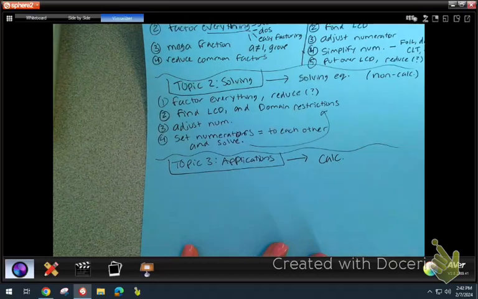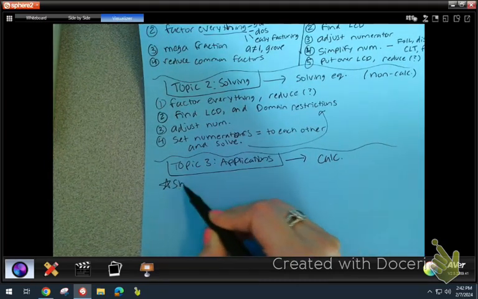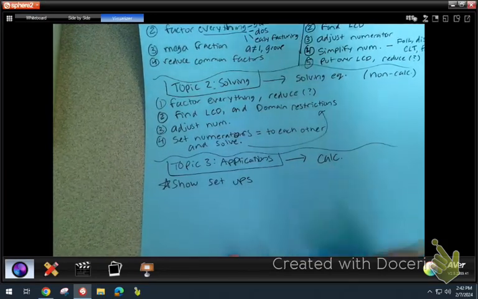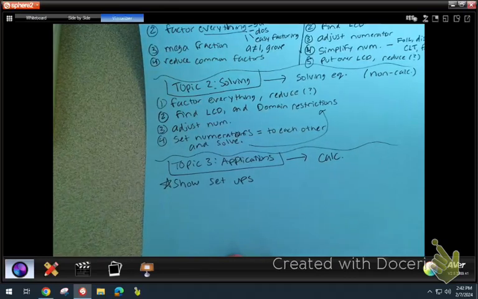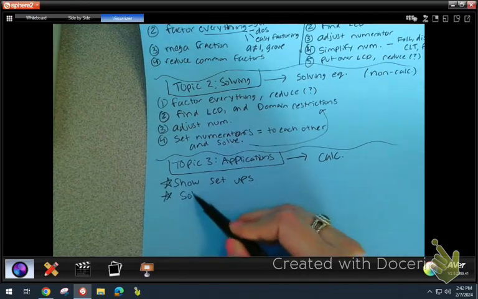And this is your word problems. Really, your steps are the exact same as solving, but you have to set them up. So make sure you show your setups. I want to see that. That's half your points, is how did you set your stuff up. Obviously, if you do that wrong, everything else is going to be wrong. And then you just solve it.